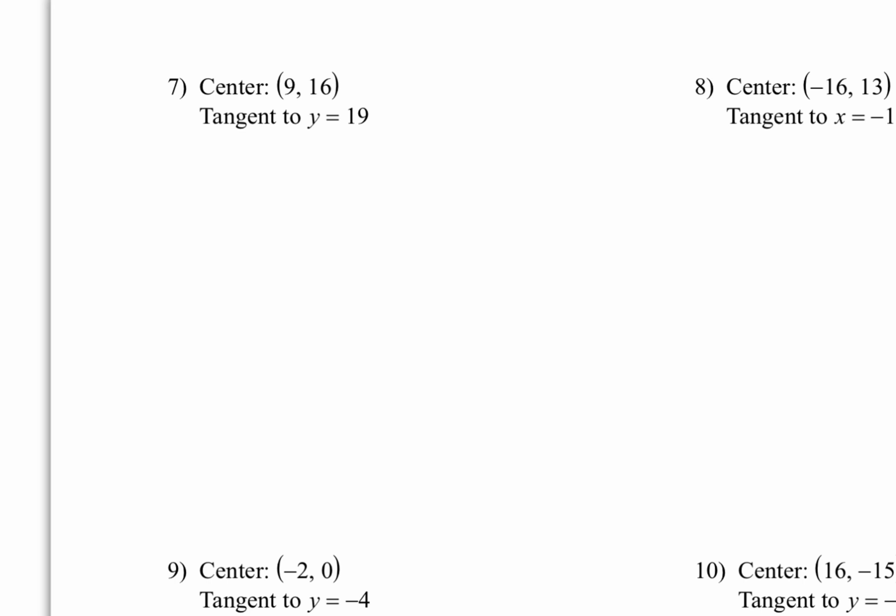So just to remind you back from geometry, kind of by drawing this a little bit, if we have a center at 9, 16, let's say 9, 16 is right there. And then I have a line that's tangent to it at y equals 19. A tangent line at y equals 19 is just a line at y equals 19.